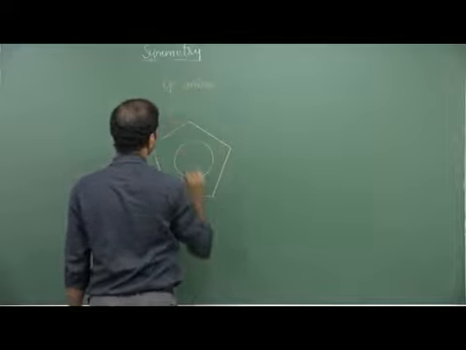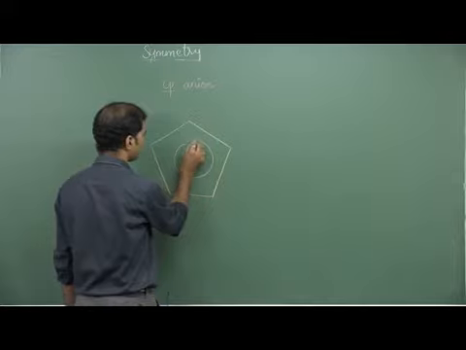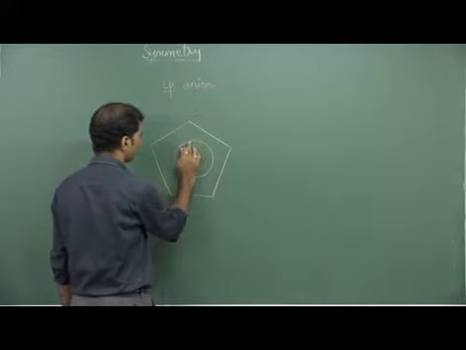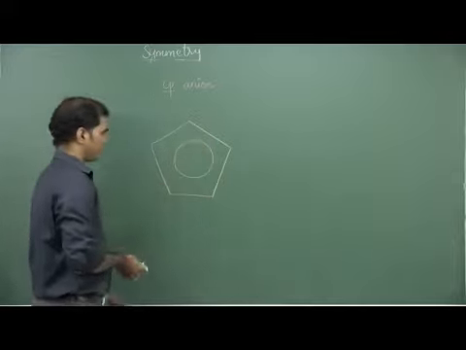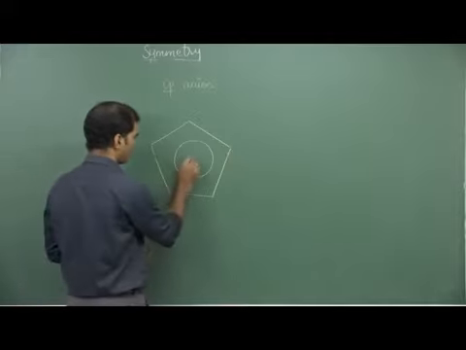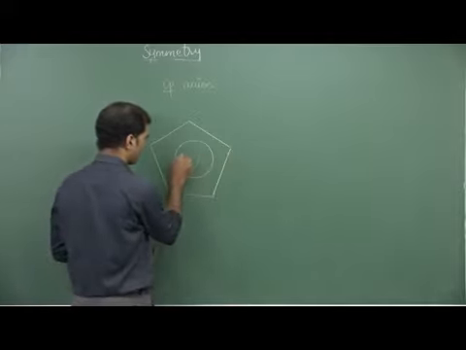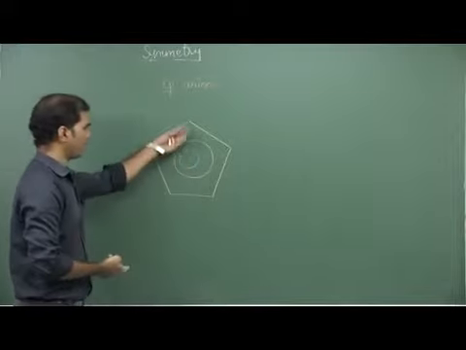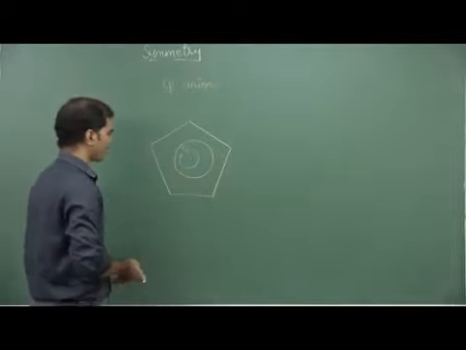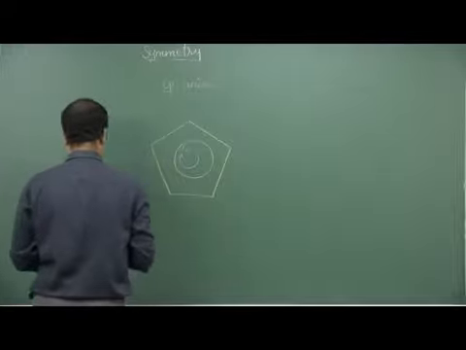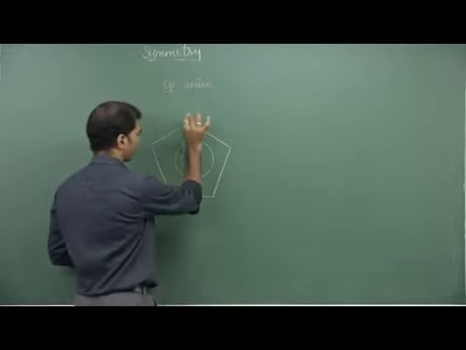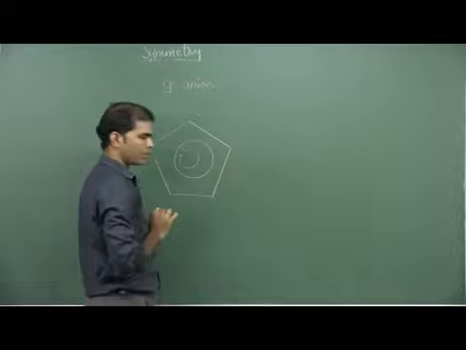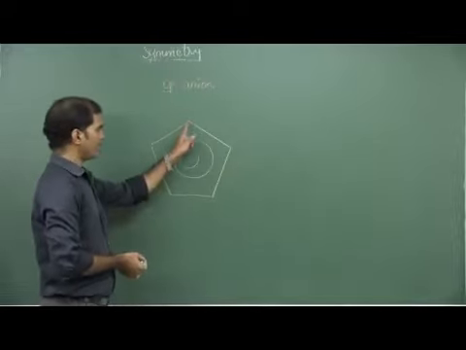Cyclopentadienyl anion is abbreviated as Cp, cyclopentadienyl. We have seen a C5 rotational axis that is pointing towards you and perpendicular to the plane of the molecule. Along with this, there are also C2s.